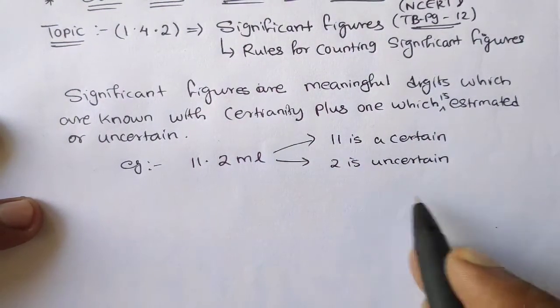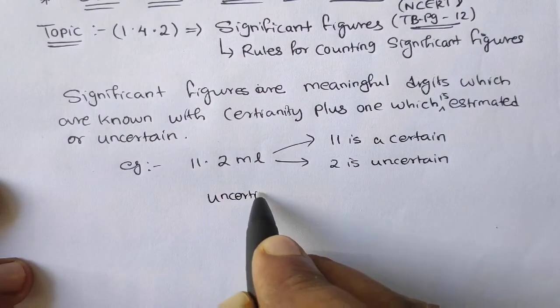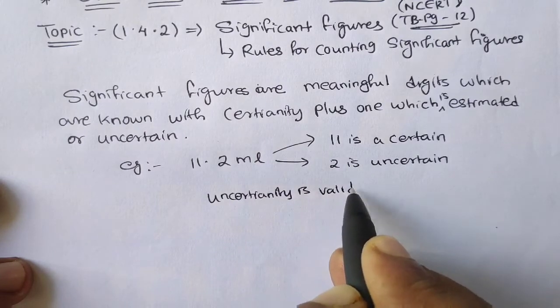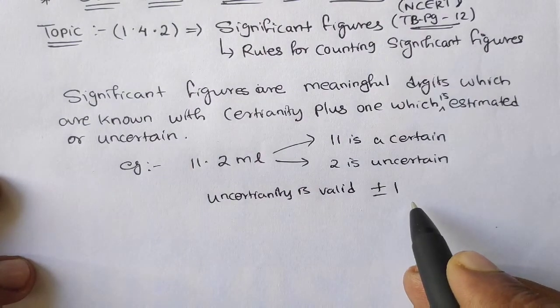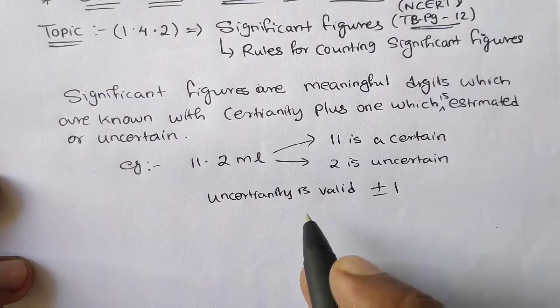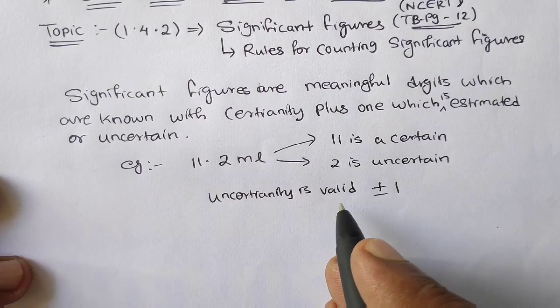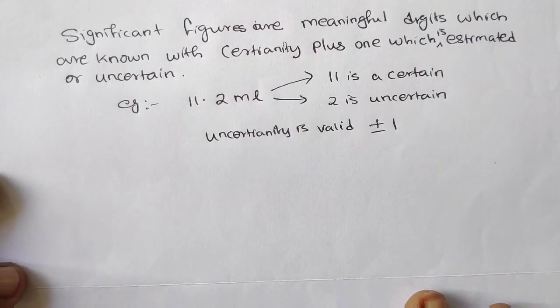This uncertainty is valid up to plus or minus 1. Now, to identify which numbers are significant or non-significant, there are rules, and we will discuss those rules first, and then I will give you some examples based on them.